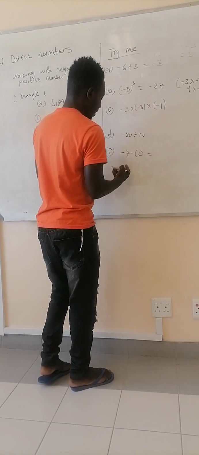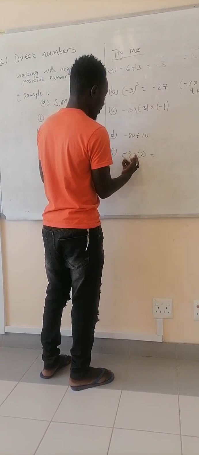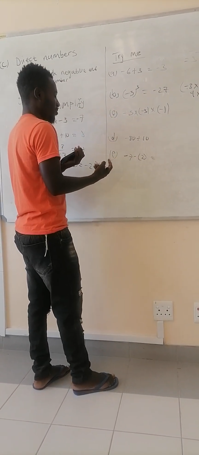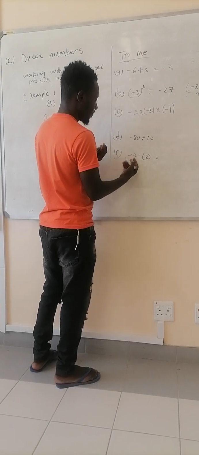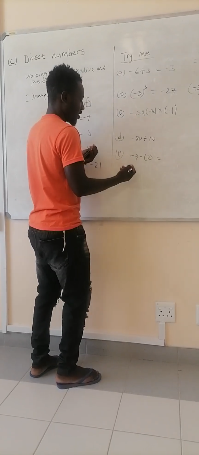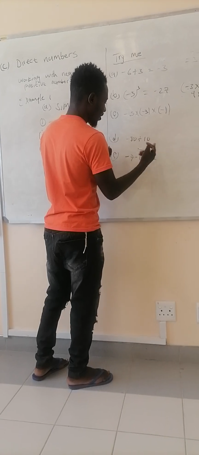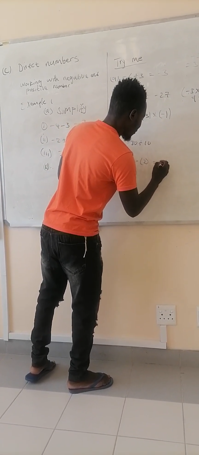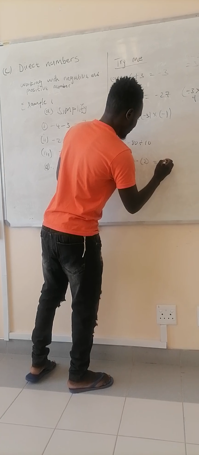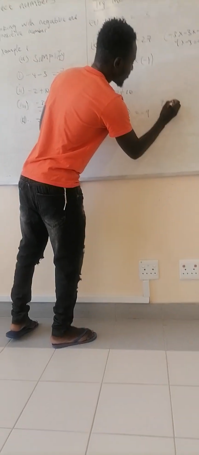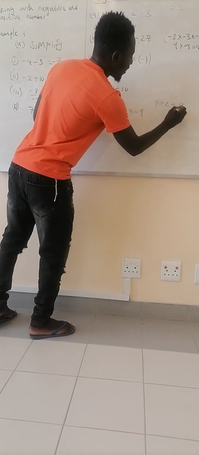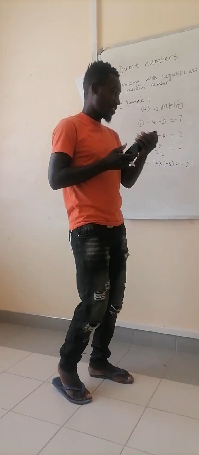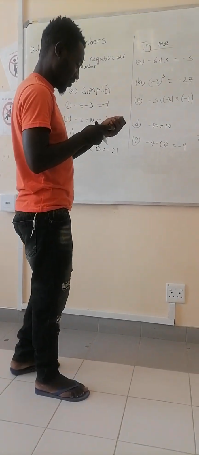So here with subtraction, it will become a negative because we will just add the numbers, then we keep the sign in front of the bigger number, so it will be negative 9. It's like 7 plus 2 is equal to 9.